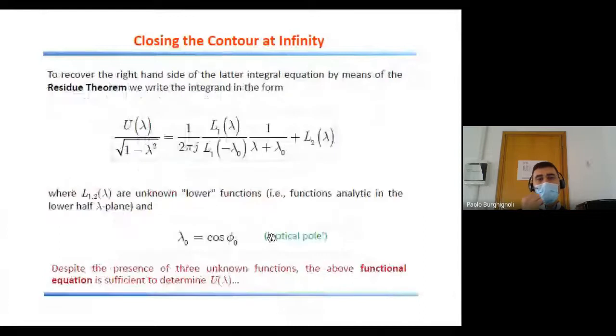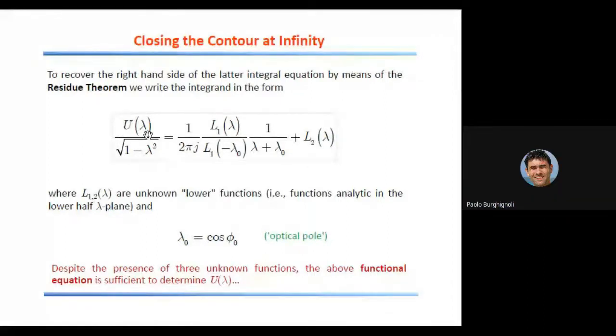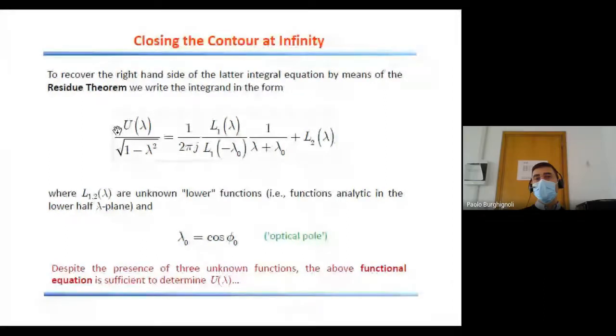Now the point is to find what is bounded in the upper half plane, and we do not know neither L1 nor L2, which are functions analytic in the lower half plane. They are indicated with the letter L, which is the initial of lower. So they are lower functions.